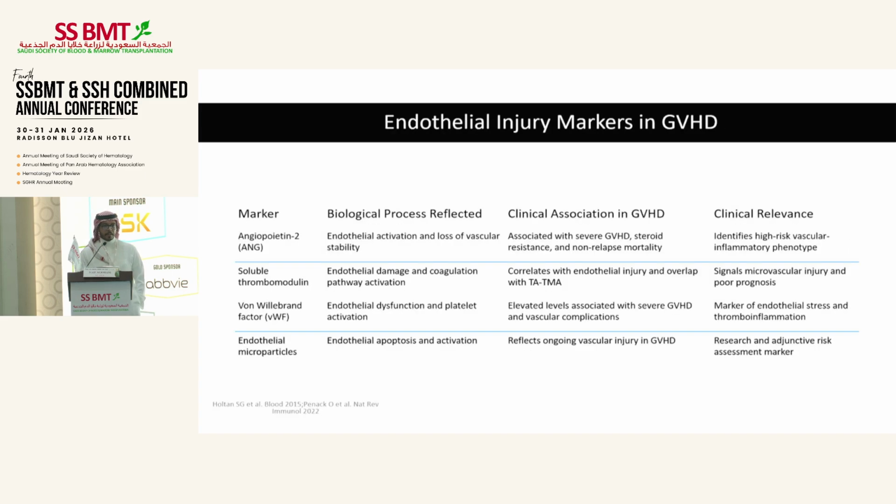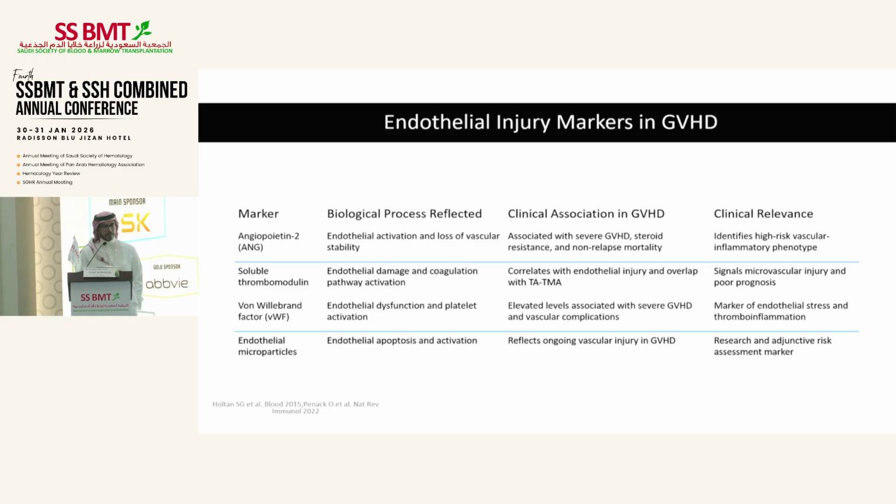Moving to the next category, the endothelial injury markers: Ang2, soluble thrombomodulin, and von Willebrand factor. Those are the biological processes reflected by those biomarkers, as you can see. As I mentioned, typically endothelial injury is a late sign and indicative of severe GVHD, steroid resistance, and non-relapse mortality.